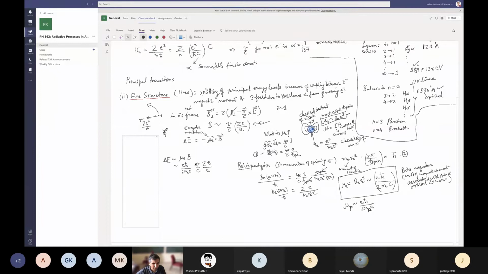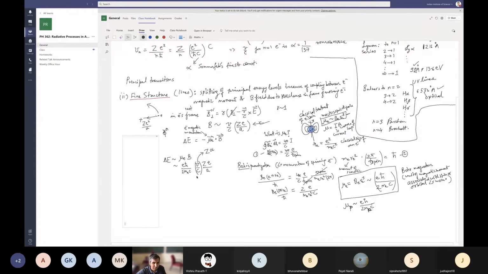Now, we know this v by c. v by c is nothing but Z times the fine structure constant, I'm putting n equals 1. So v by c is just Z times alpha, the fine structure constant.